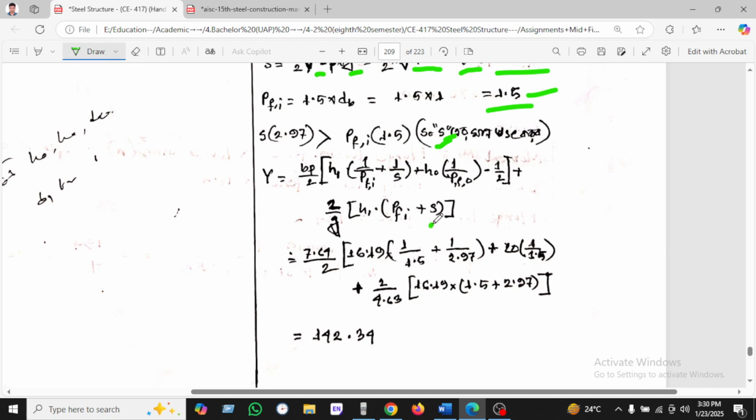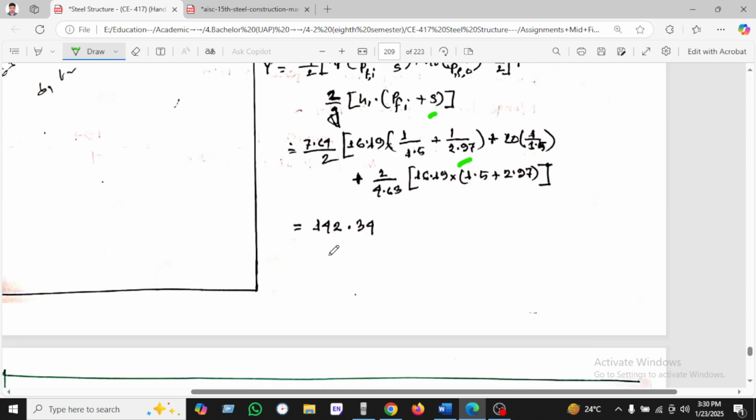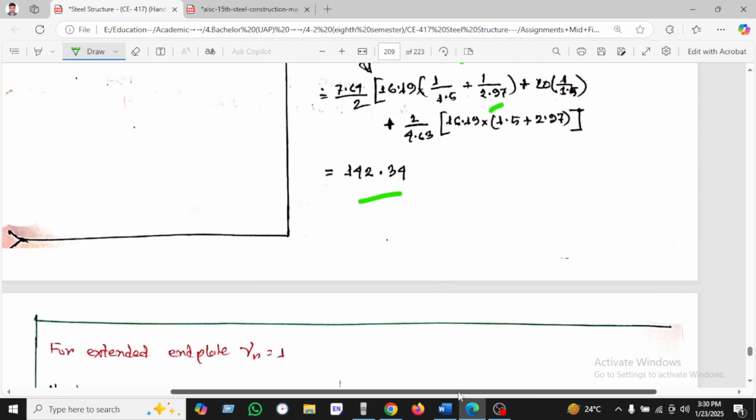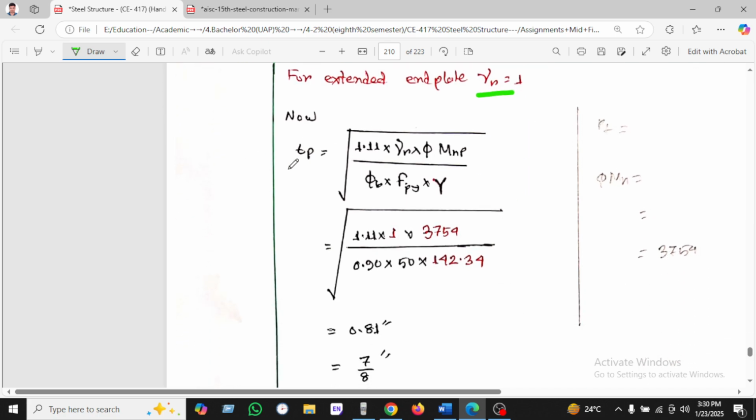Putting all these values with s equal to 2.97, we found 143.34. Okay, for the extended plate, tp equals 1.1 gamma r root of Mnp divided by phi fy into y.